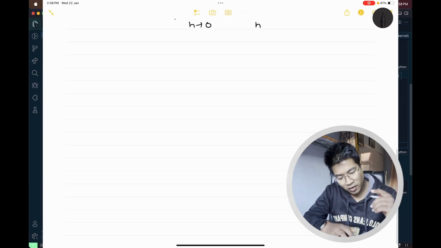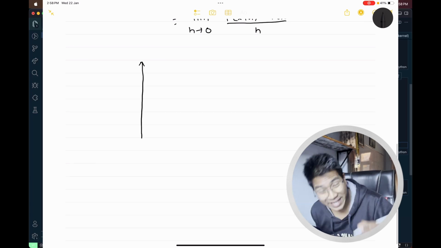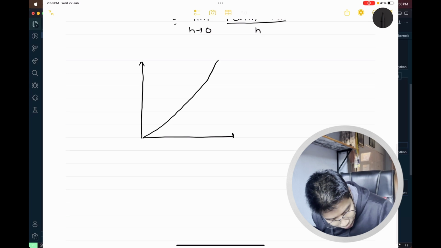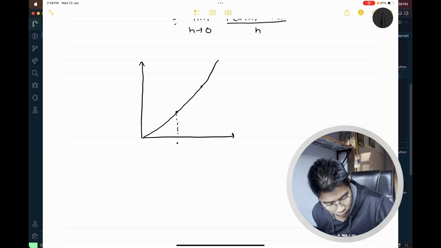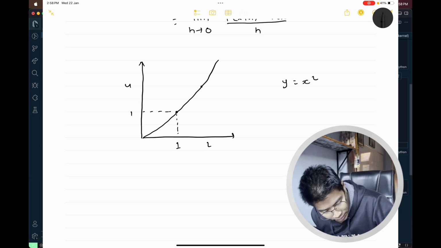For a simple case, the way we started this derivation was we used something like this. We're looking at actual values instead. So we looked at 1 and 2. We're doing this for y equals x squared, and this is a 1 and this becomes a 4.